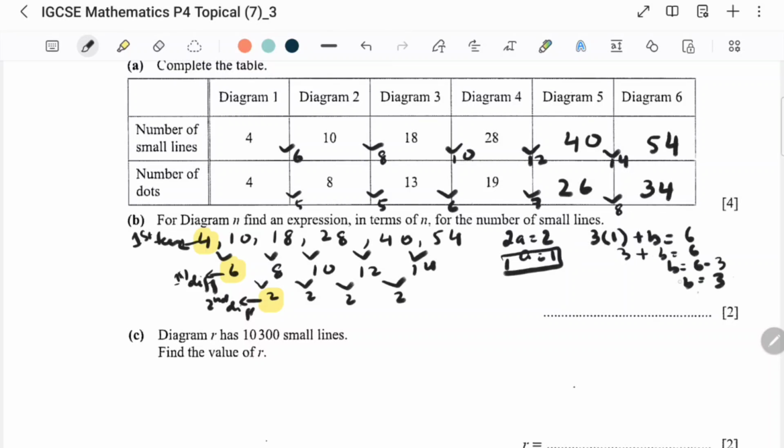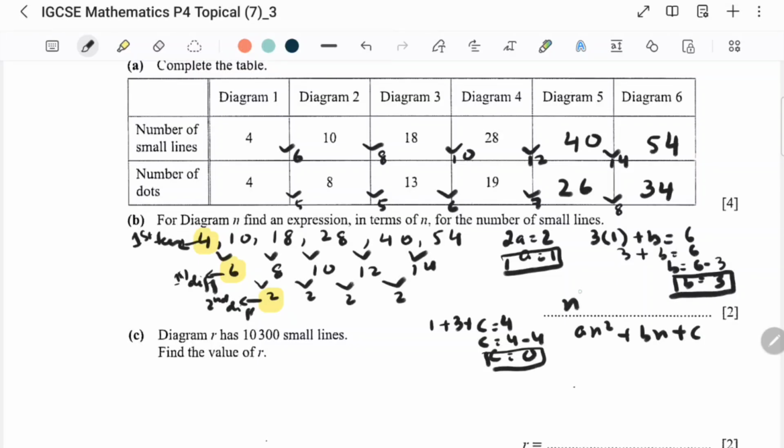Okay, now a plus b plus c, 1 plus 3 plus c is equal to the first term, which is 4. 3 plus 1 is 4, 4 minus 4, c is equal to 0.